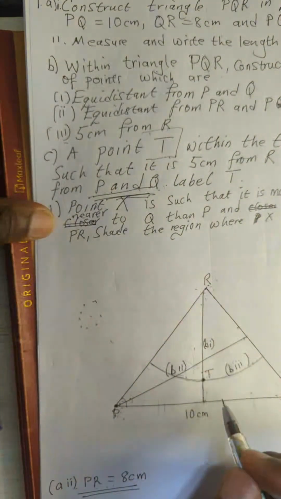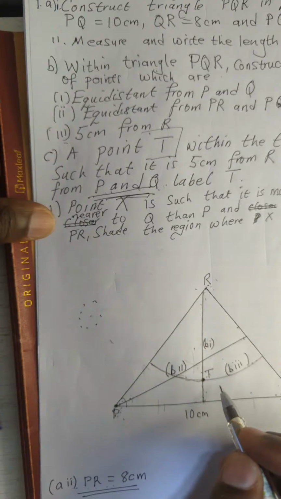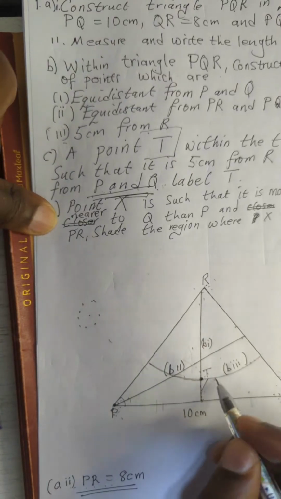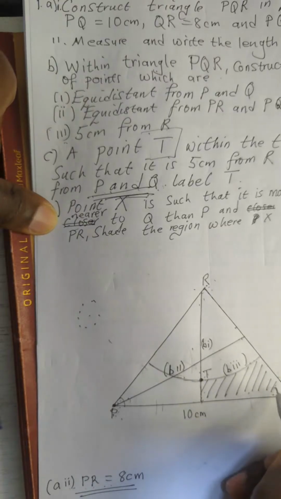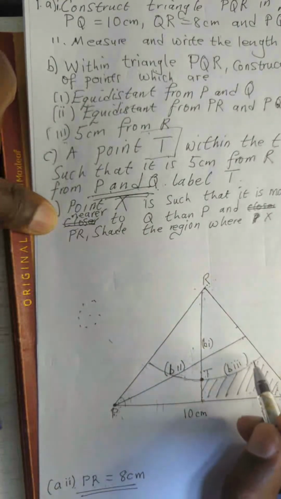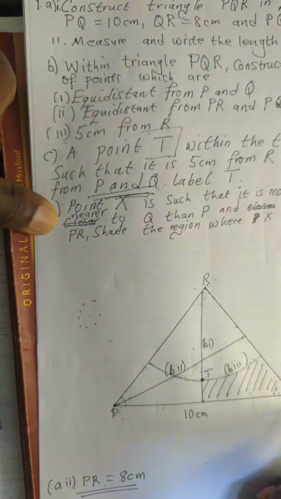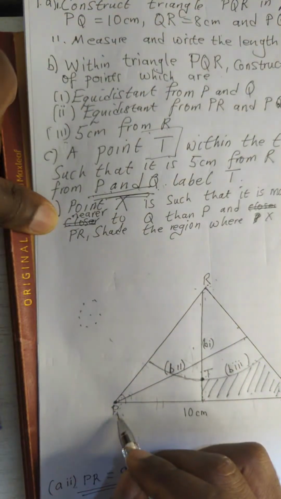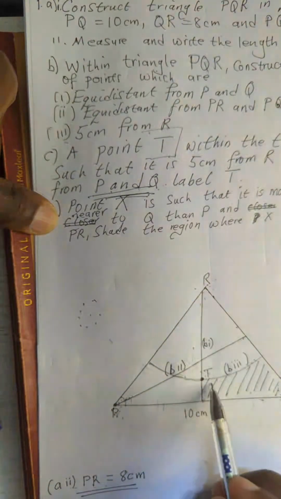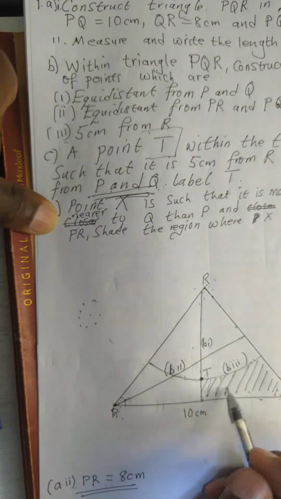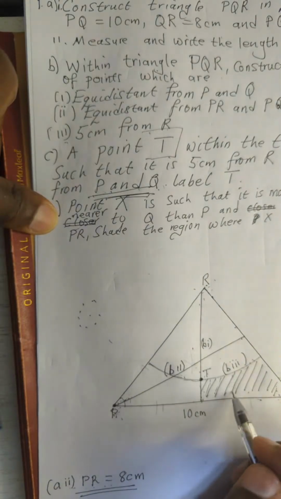So the only region that satisfies that must be this. So you shade it like this. So this region is greater than 5, it is nearer to Q than P, and also it is nearer to PQ than PR. Though this last point is not fully justifiable anyway, it's okay.